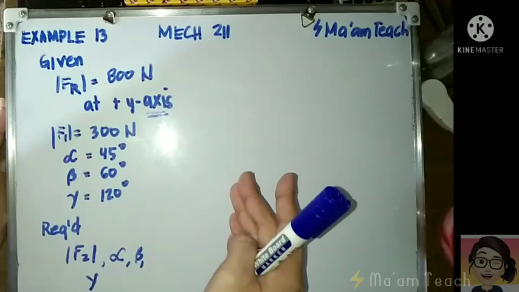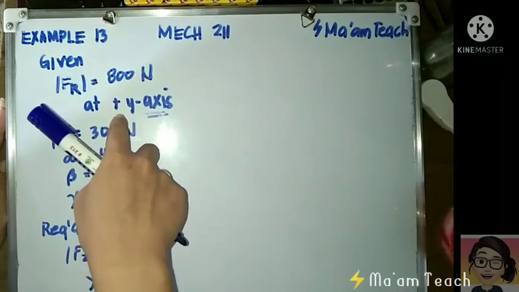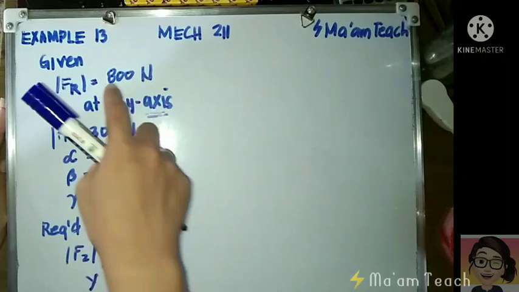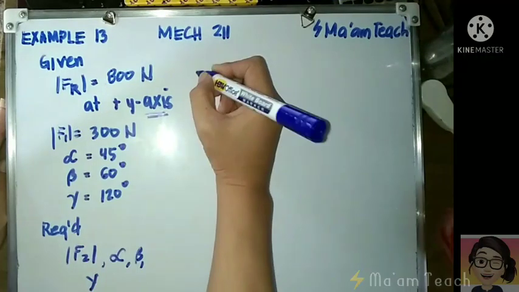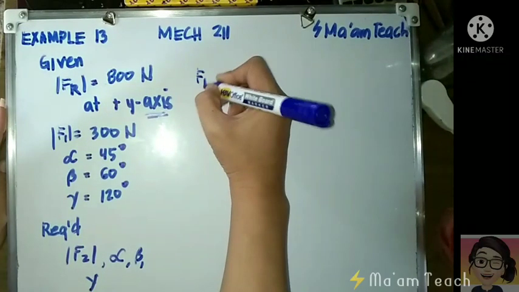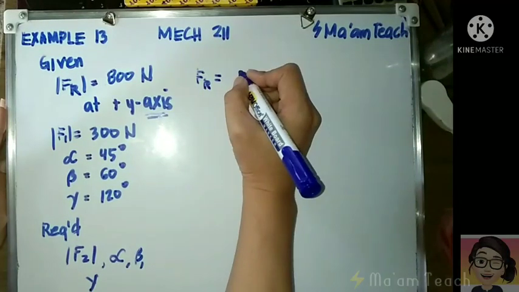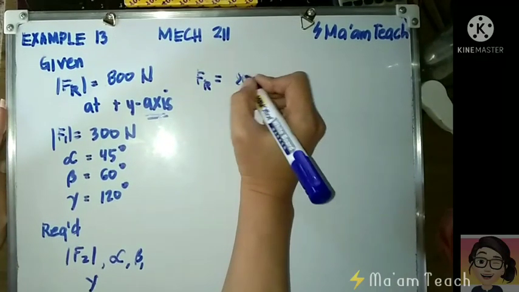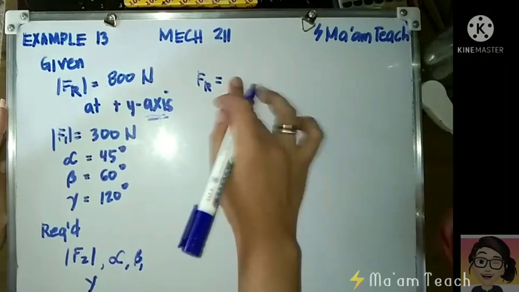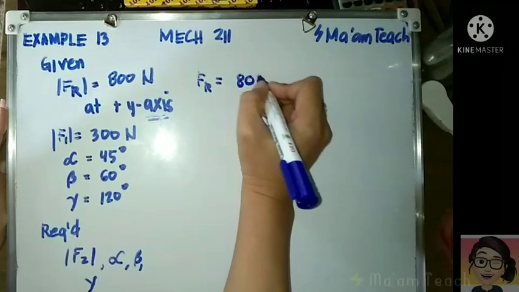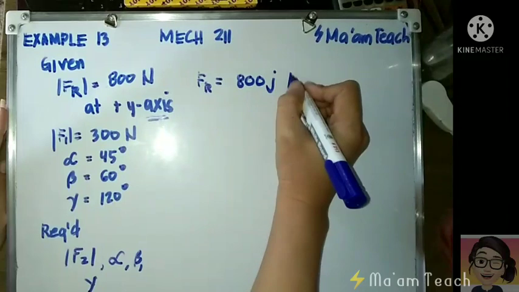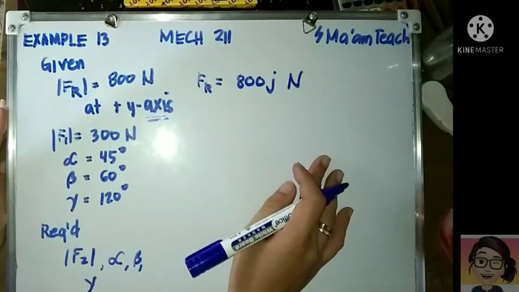Take note, it is only at the positive y-axis, which means that this 800 newton, if we express that in Cartesian notation, would be 800 j newton. Can you follow?